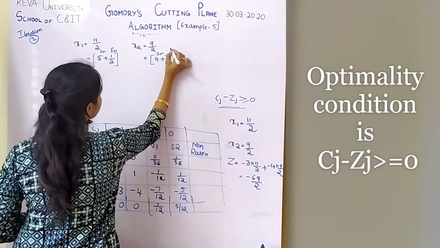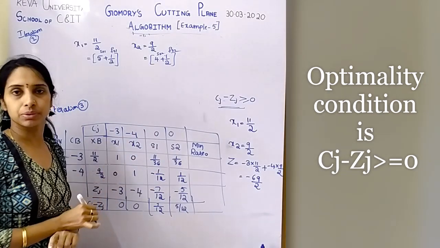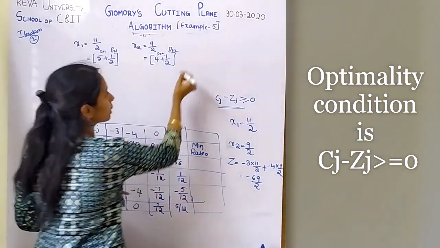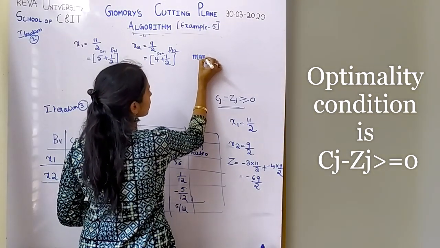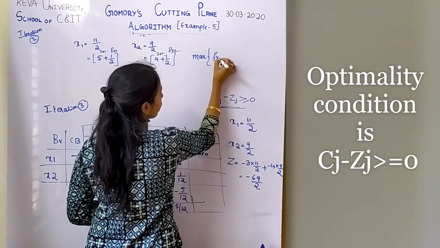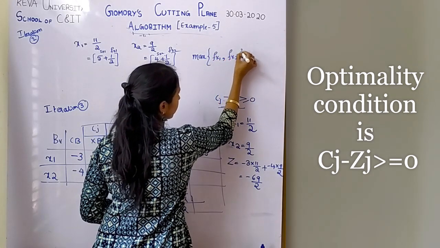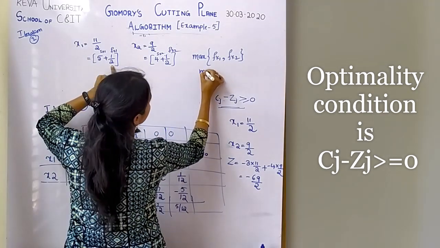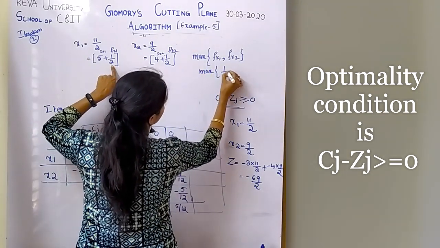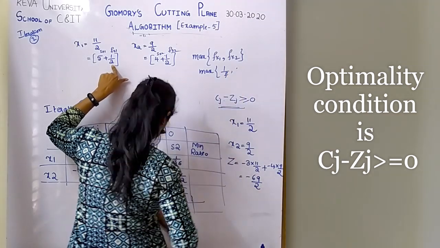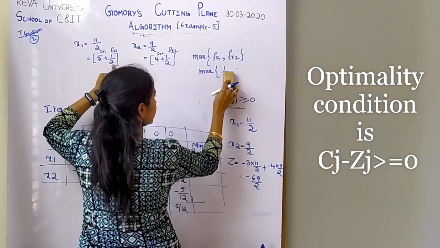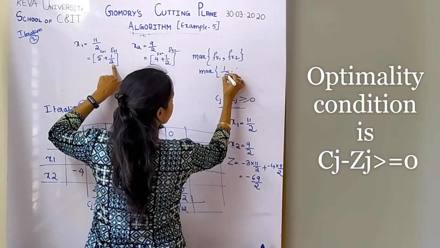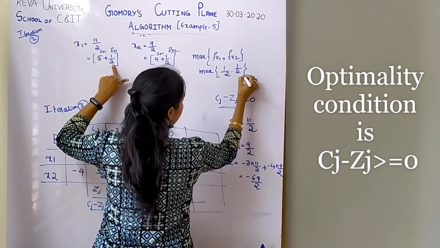Integer of x2, fraction of x2. What is the formula? Formula says that whichever is maximum among the f of x1 comma f of x2, that is maximum among the half comma half, maximum among 1 by 2 comma 1 by 2.